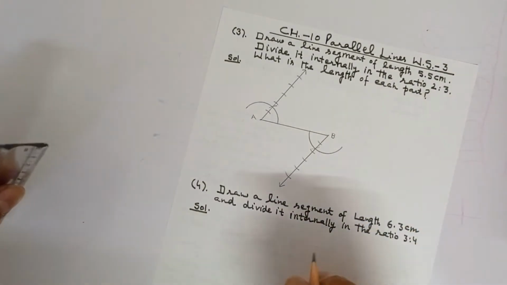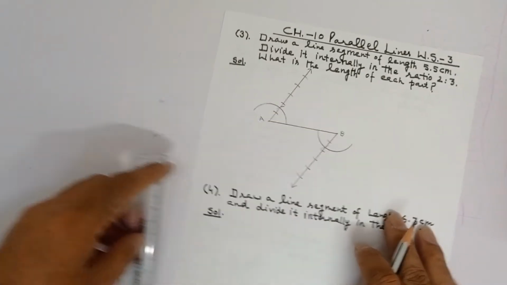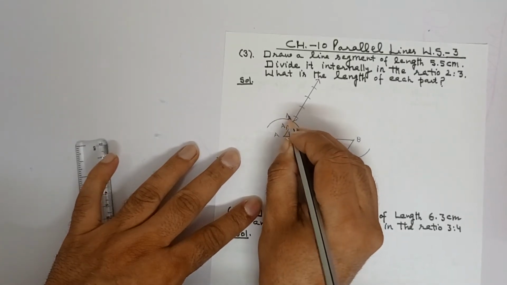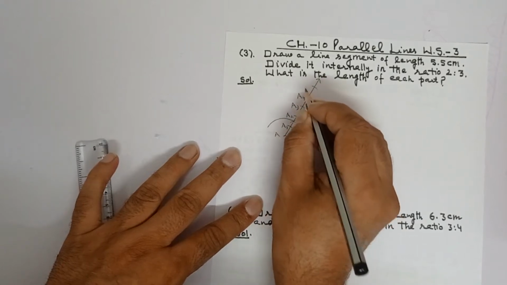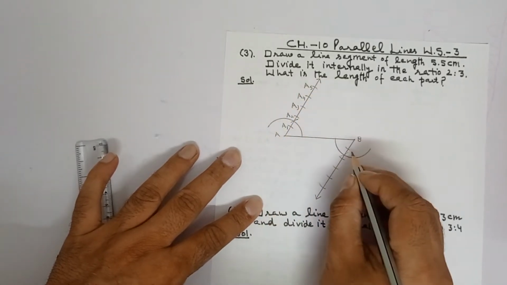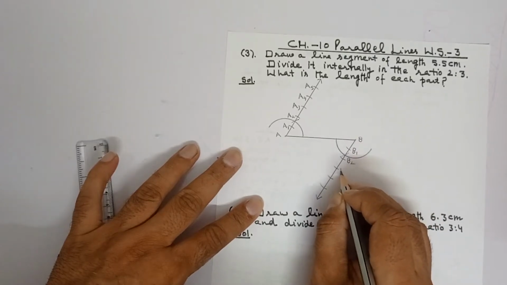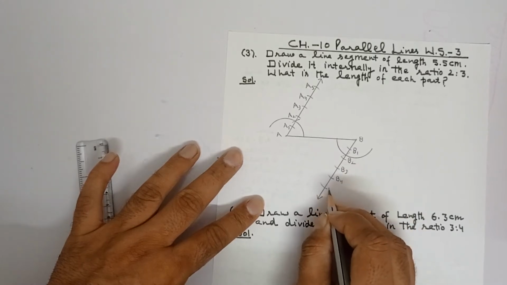Now we need to divide this line segment internally in the ratio 2:3. So before we join, first name them A1, A2, A3, A4, A5. Here B1, B2, B3, B4 and B5.